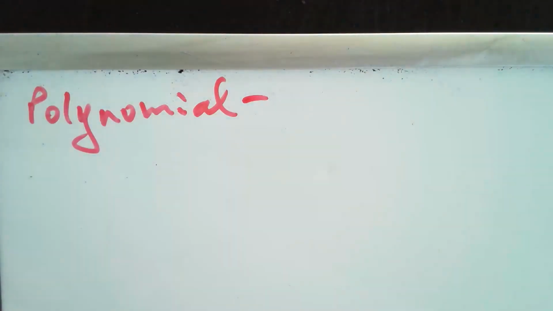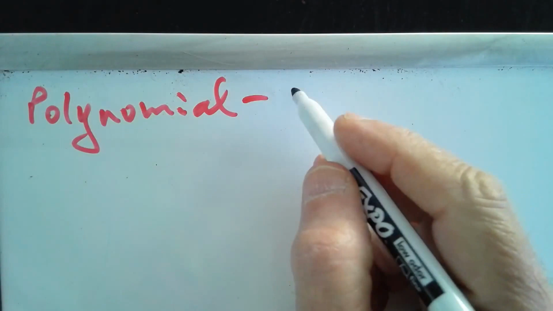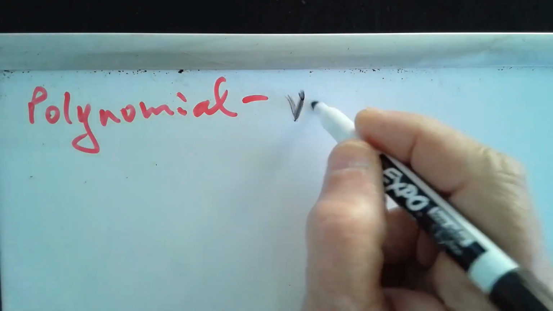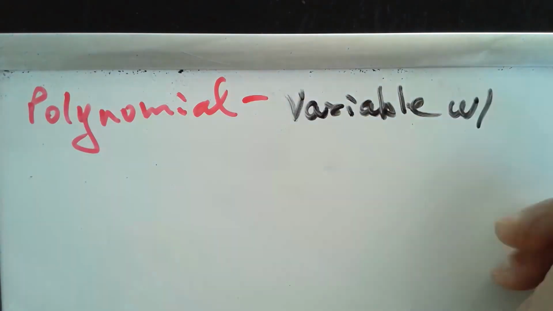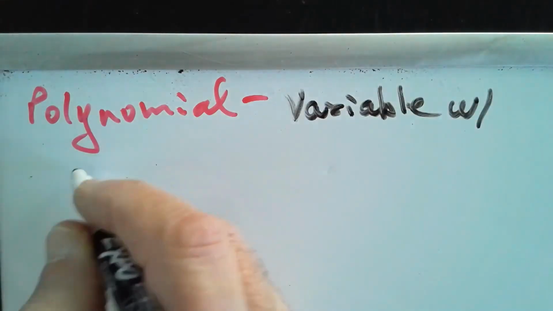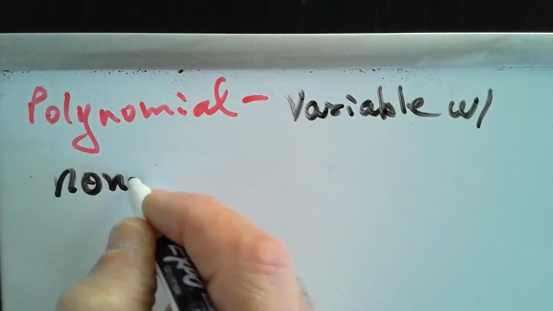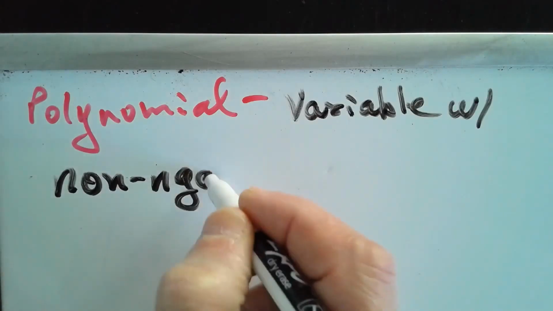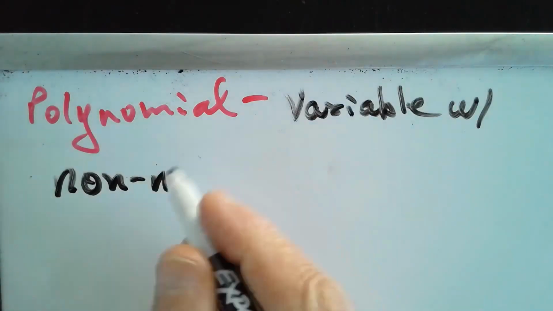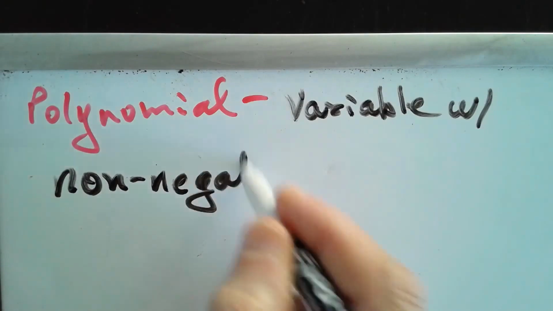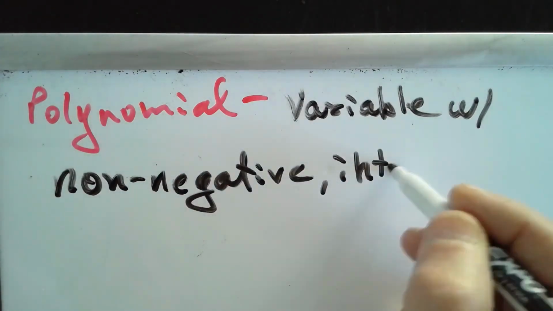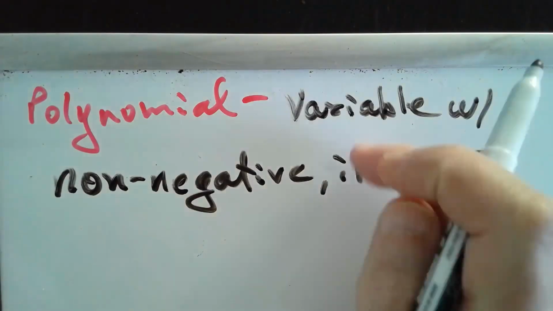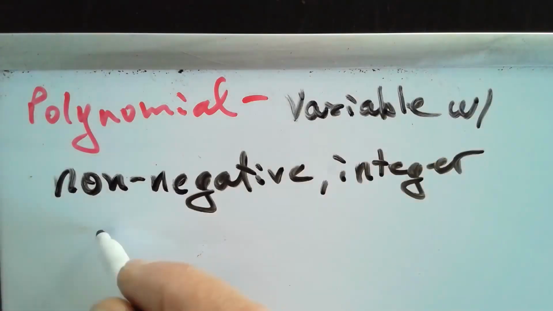A polynomial has a variable with a non-negative integer exponent.